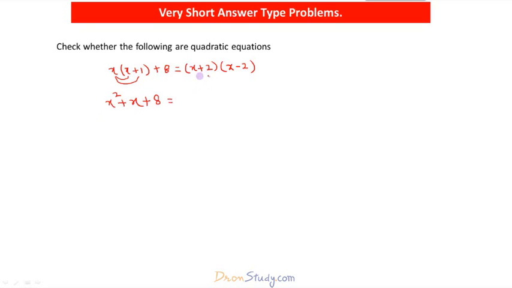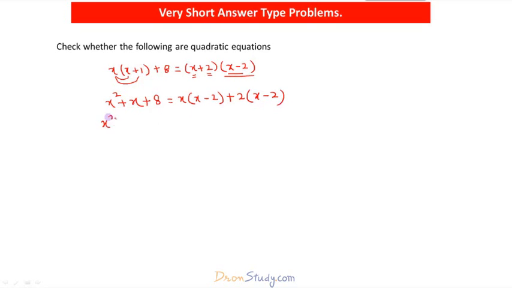Multiply these two brackets. First multiply by x to this bracket and then by 2 to this bracket. So it will be x into bracket x minus 2 plus 2 into bracket x minus 2.